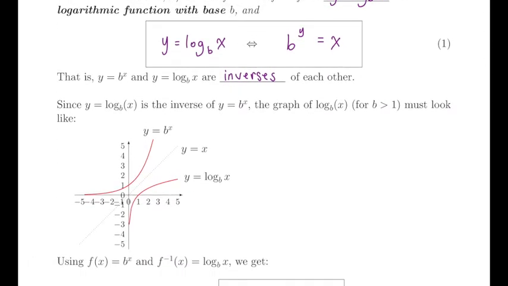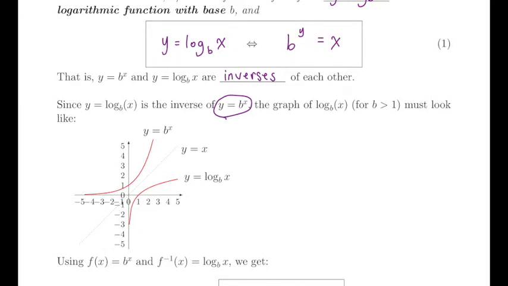If you remember from high school, you learned how to draw the graph of the inverse given the graph of the original function. We already know what the graph of the original function is. It's the exponential function, so it's like this, assuming that b is bigger than 1. Now, this function, what will it look like?